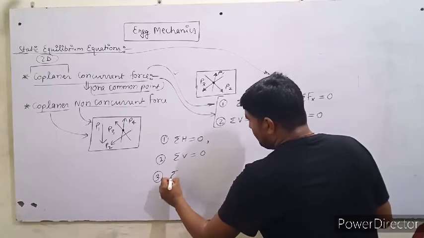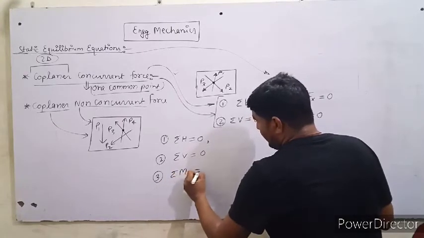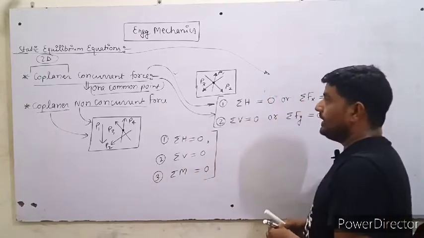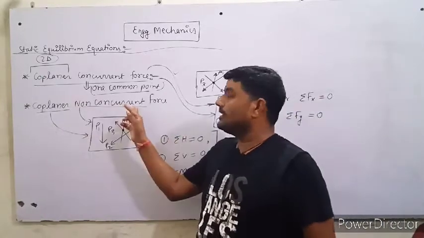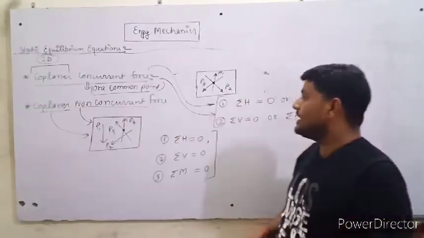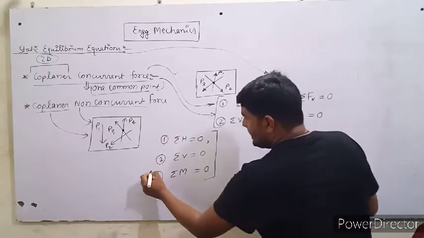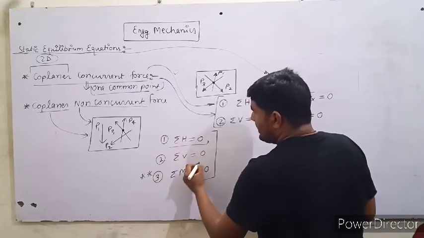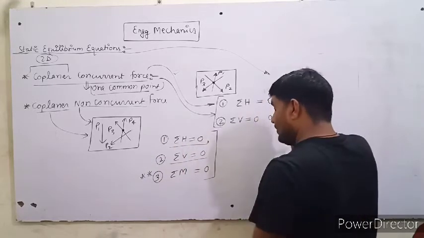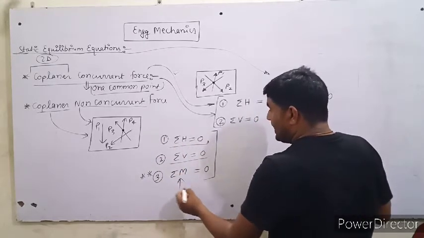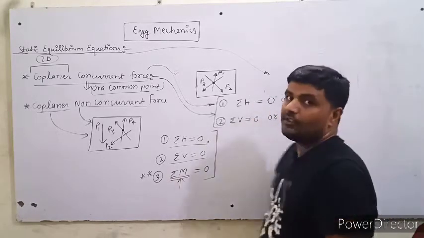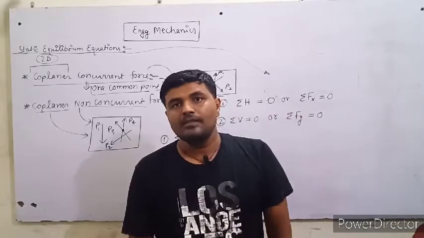Means the sum of moment of force about any particular point should be equal to 0. So in case of coplanar non-concurrent force system, the sum of all horizontal forces equals 0, sum of all vertical forces equals 0, but one additional equation, that is the algebraic sum of moment about any particular point should be equal to 0.